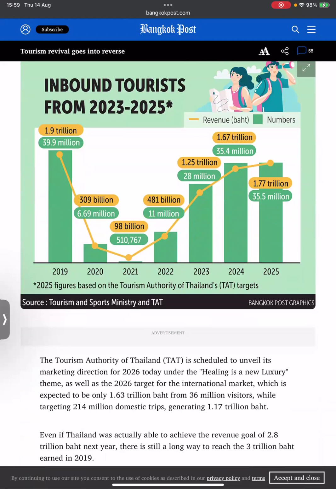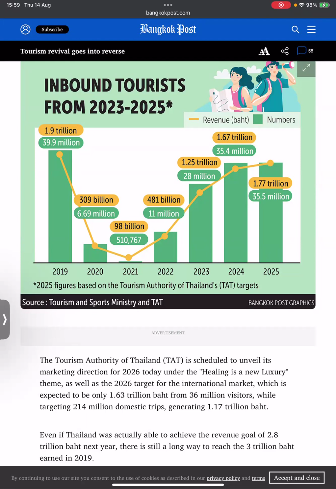Inbound tourists from 2023 to 2025, looking good. So it looks like there's a dip. It's quite a huge fall from 2019 to 2020. But this is good.